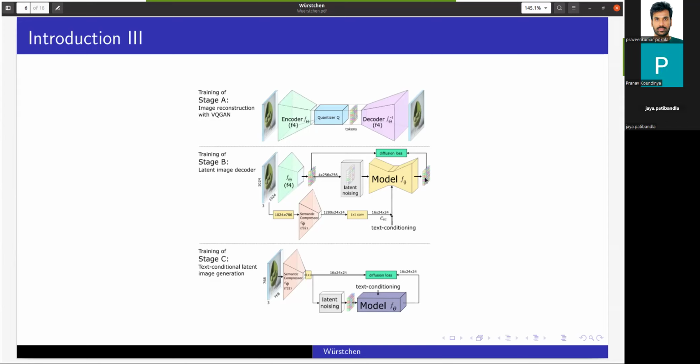When this is finally achieved, we can easily replace the semantic compressor part that was present during the stage B training by the stage C model itself. So in other words, we shall then be able to go from a very compact latent space representation of 16 cross 24 cross 24 all the way up to 1024 cross 1024 cross 3. So this ensures a compression of 42:1.